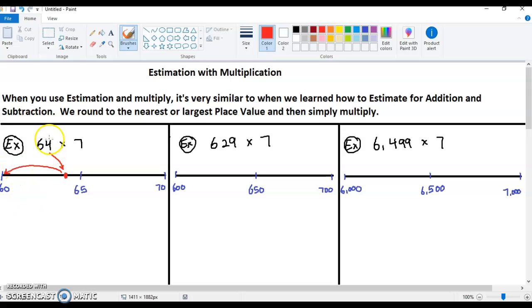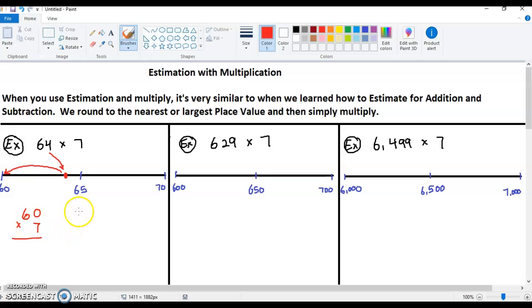So then instead of having 64 times 7, we would have 60 times 7 because 64 is closer to 60. And now it's actually quite simple. If you know your multiplication facts, you know that 6 times 7 or 7 times 6 is going to be 42. And if you're not sure, you can always use repeated addition.